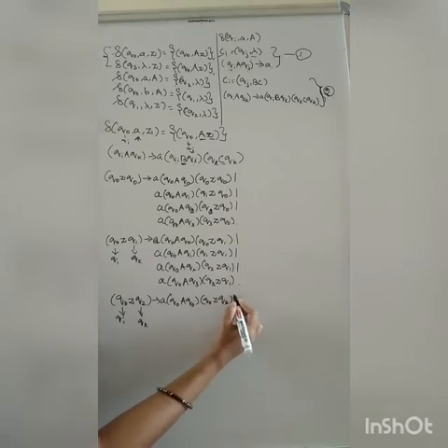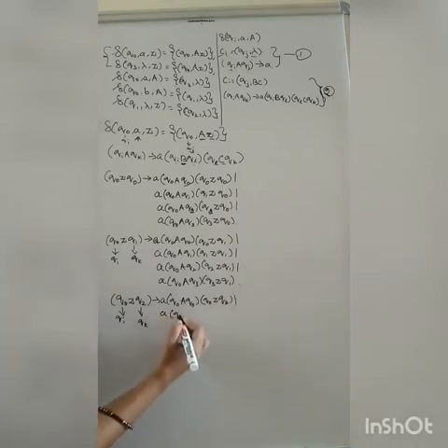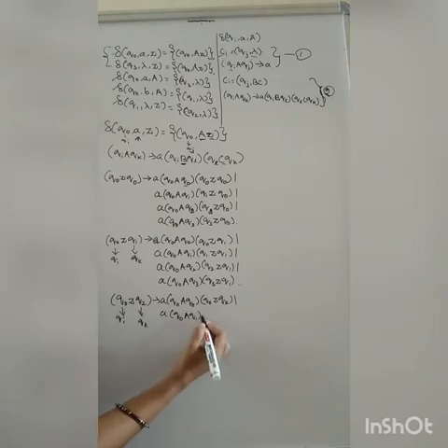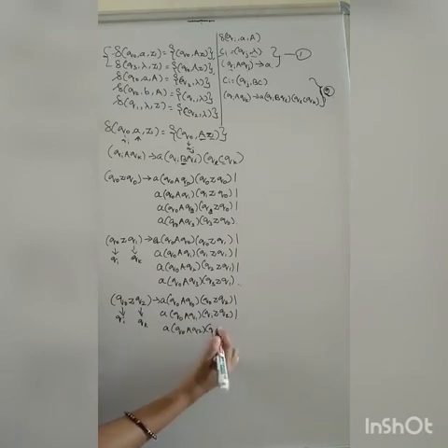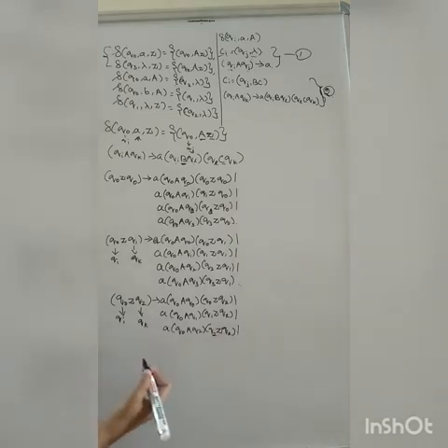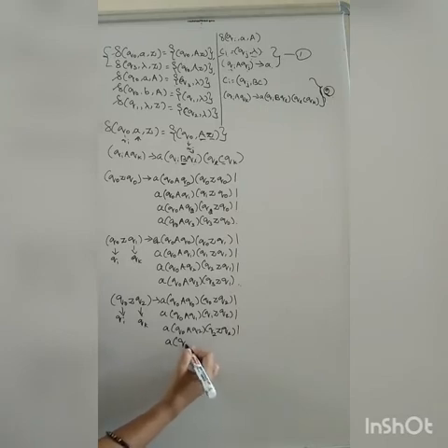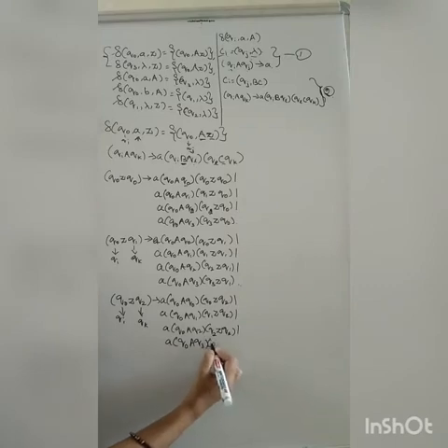So we have to write q2. Then a q0, a q1, q1 z q2. Then a q0, a q2, q2 z q2. And then a q0, a q3, q3 z q2.